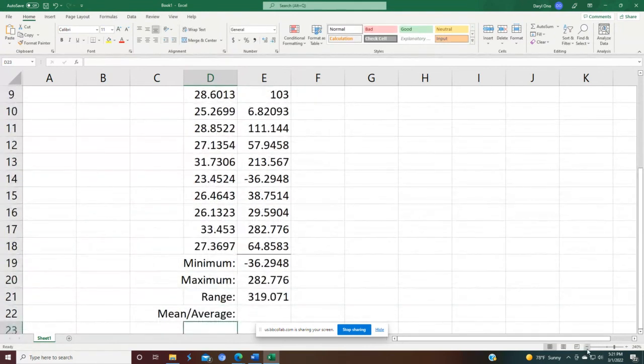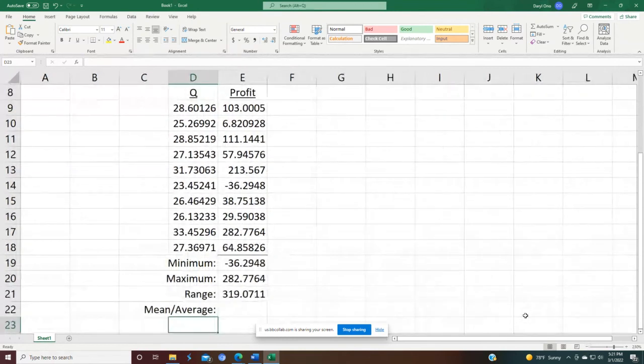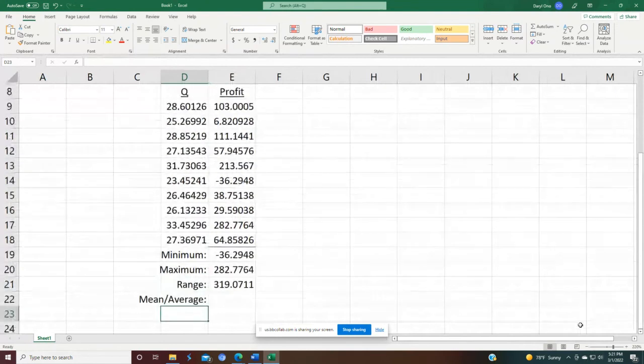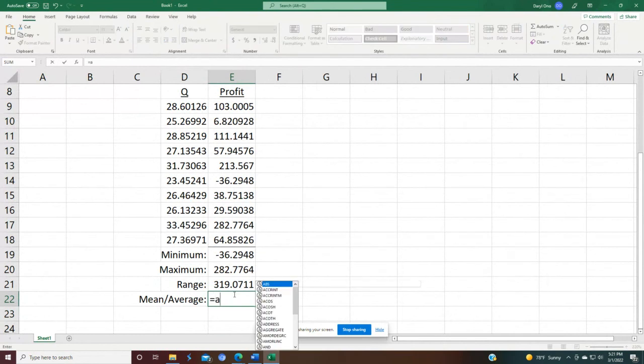Let's make this a little bit smaller. Okay, so the mean or average, how do you do that in Excel? Equals average. What is the average profit from our simulation?